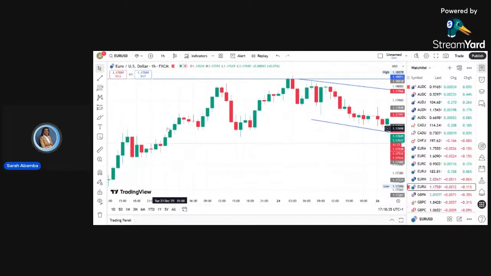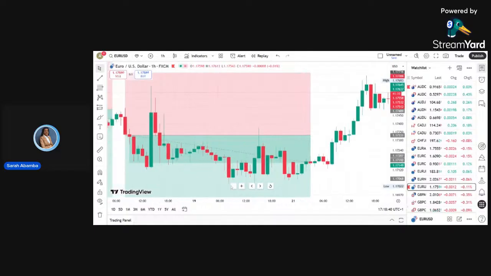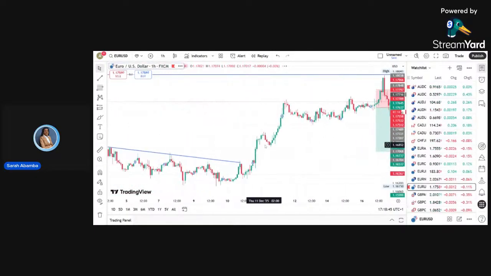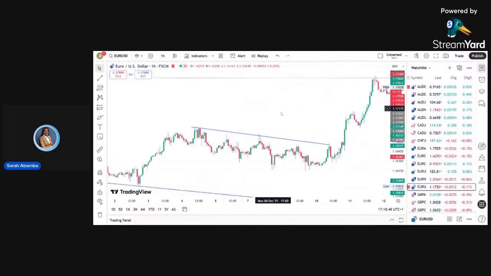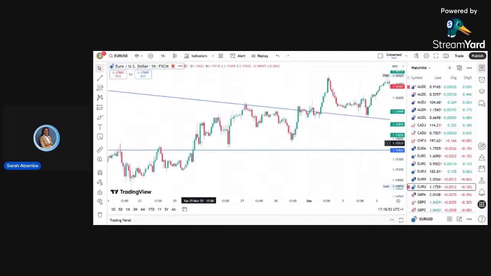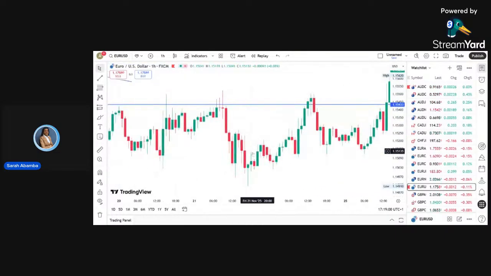So let's look for examples of bullish pin bars. I've seen a bullish pin bar. Here it is. I see that the body is small, the wick is very long, and it's facing downwards.